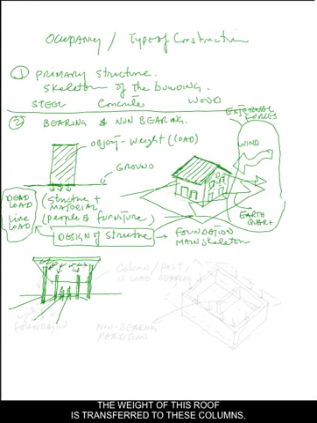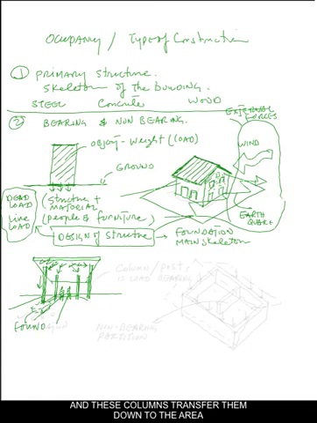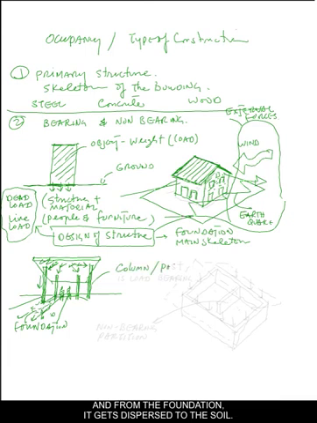The weight of this roof is transferred to these columns. And these columns transfer them down to the area where we don't see, and that is below grade. And that is the foundation. And from the foundation, it gets dispersed to the soil. In this case, the column, which another word for it is post, is load bearing.